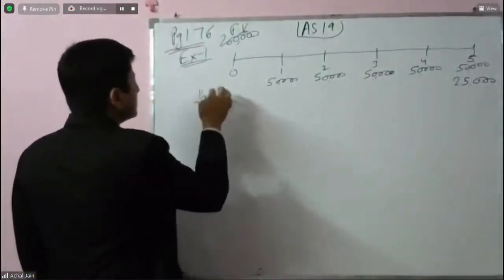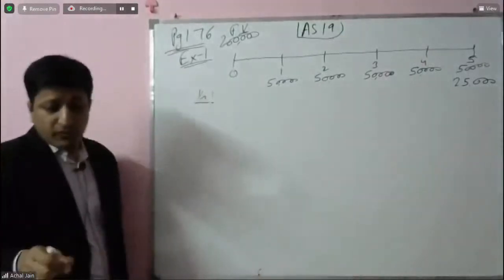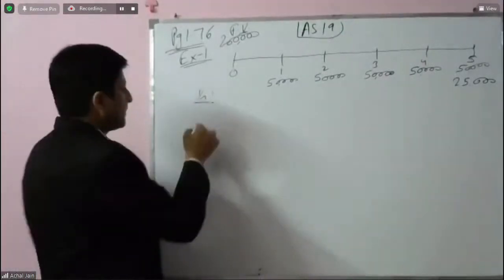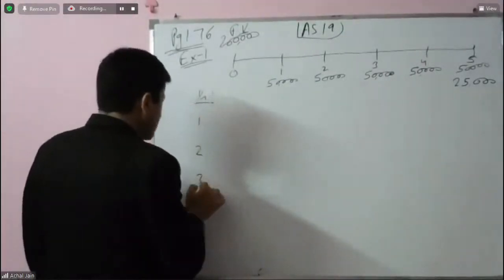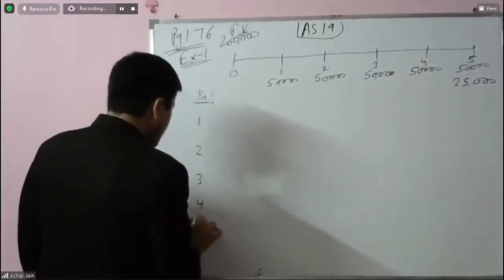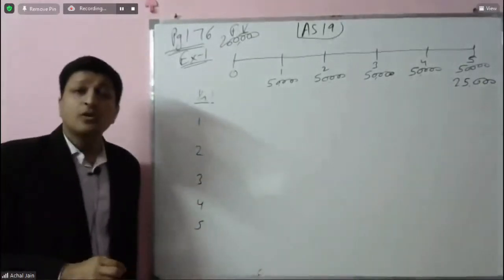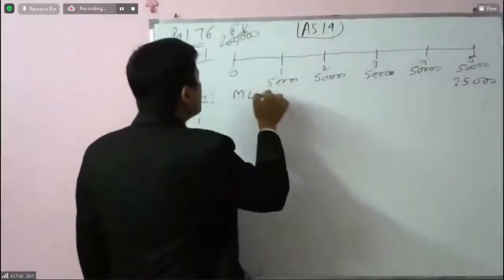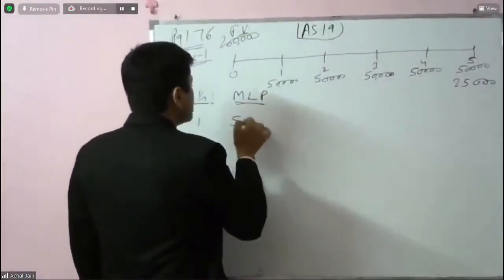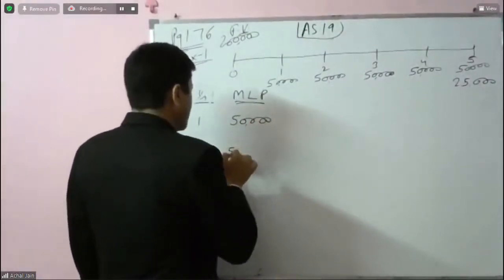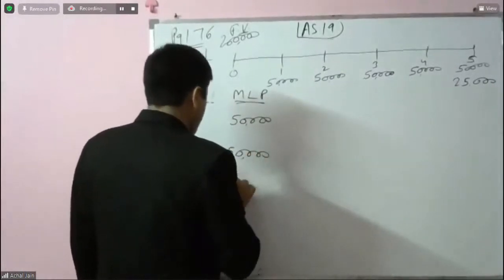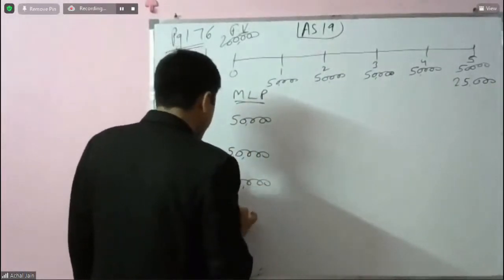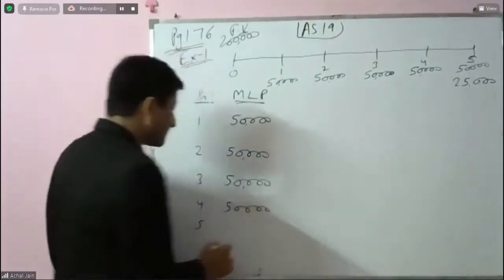So here, we are given 5 years: 1, 2, 3, 4, 5. And what is the amount of MLP? MLP is 50,000. Then again it's 50,000, then again 50,000, then again 50,000.